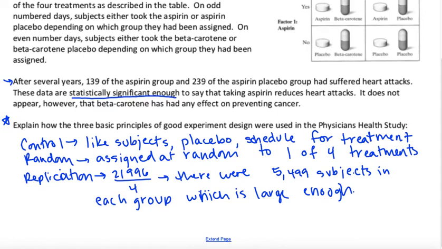So this group would be large enough to say that this wasn't any individual differences. This was based on the aspirin or the beta carotene. All right, so if you have any questions, let me know, and have a good one.